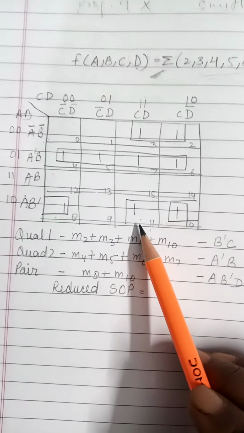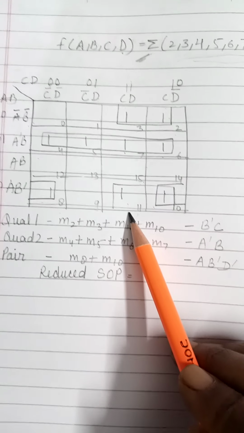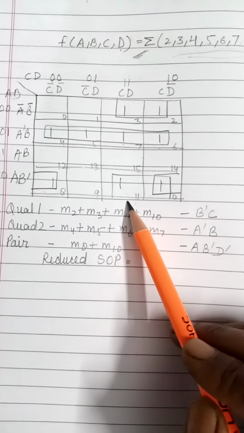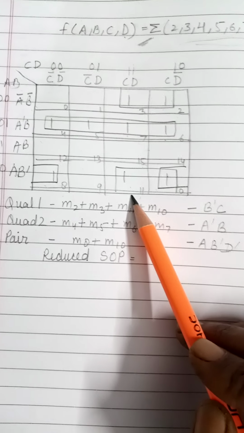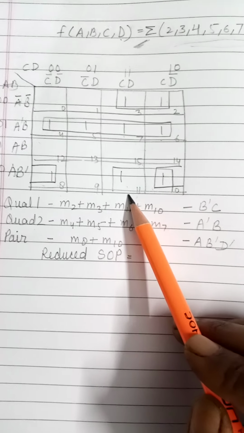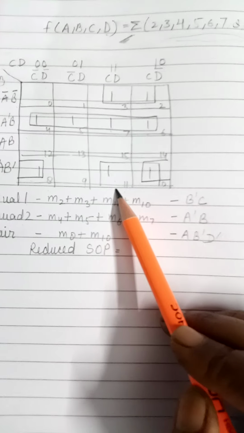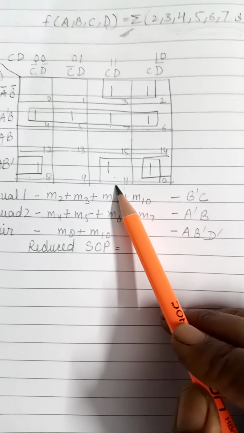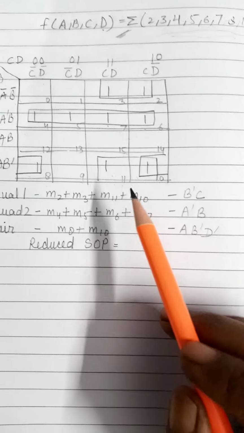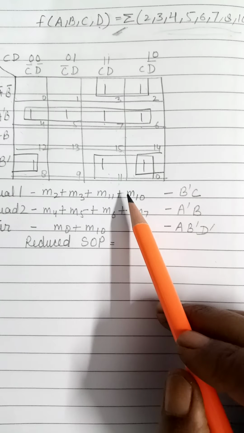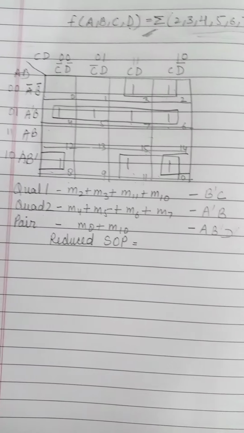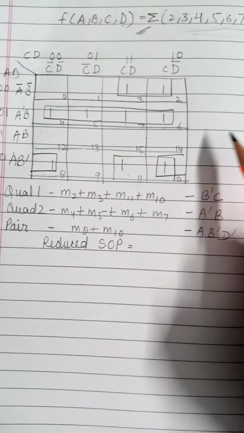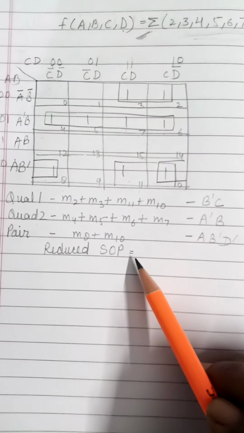Okay. Now you have to make groups. Firstly, you will look for an octet, a group of 8. We start with the big group, as we have to reduce the expression. The fewer and bigger the groups in your map, the more simplified the expression will be, in the simplest, reduced form.